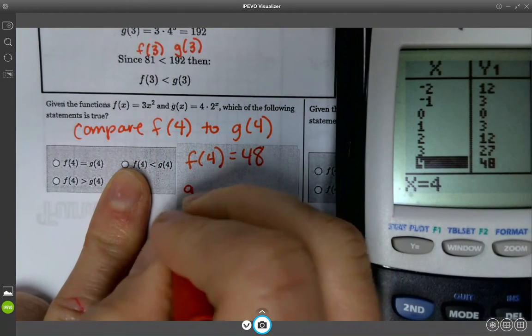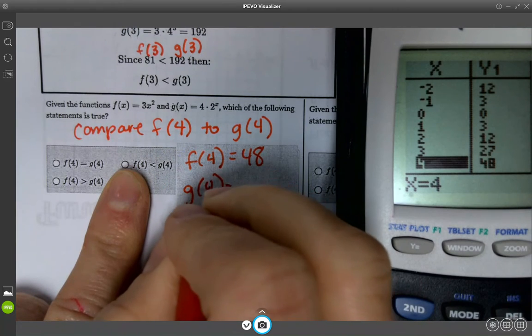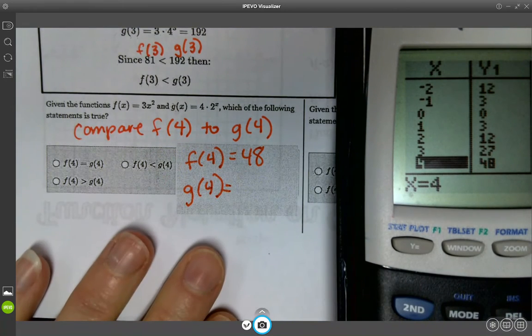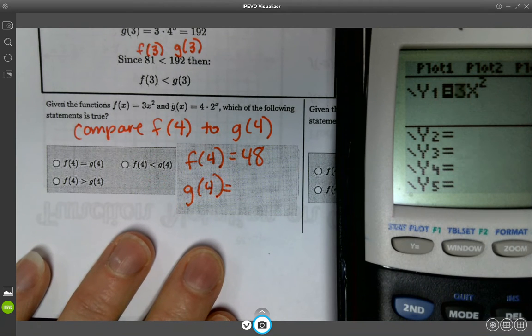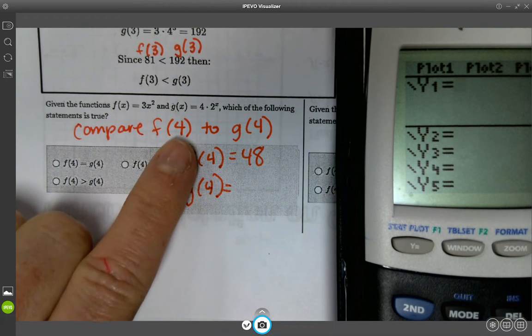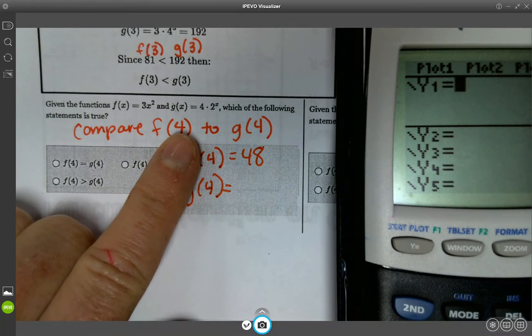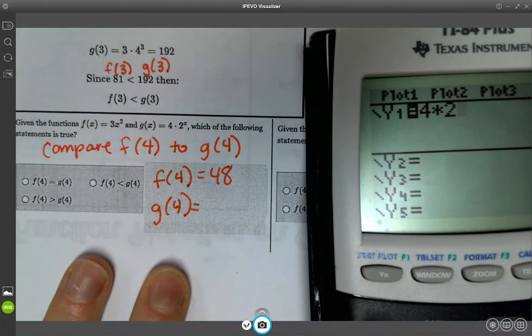So now we need to do g of 4. So we need to go back to y equals, clear out what's in there, and plug in the next one. 4 times 2. How do I do raised to the x power?